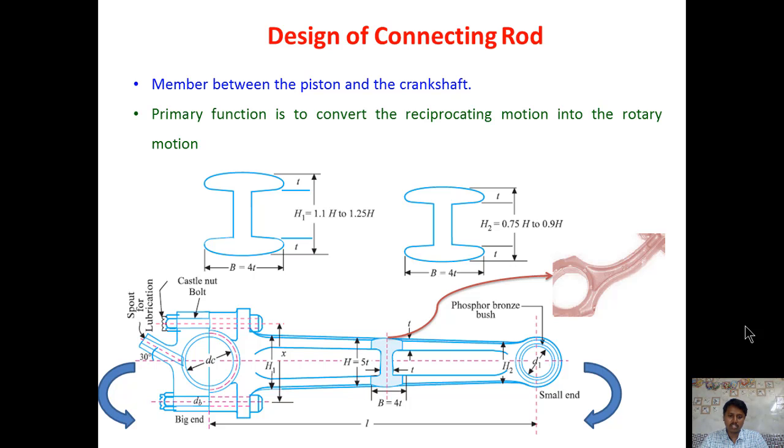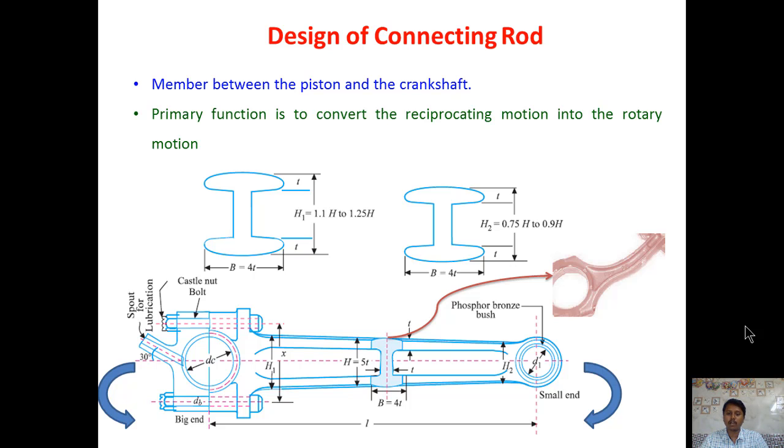If you decrease the connecting rod length, the L by R ratio obviously decreases. Because of that, the angularity of the connecting rod motion increases, so more side loading, more thrust, acts on the cylinder, whereas if you increase the length of the connecting rod, you can reduce the side thrust.